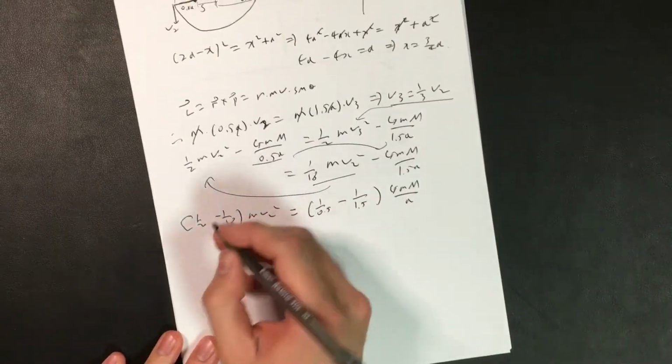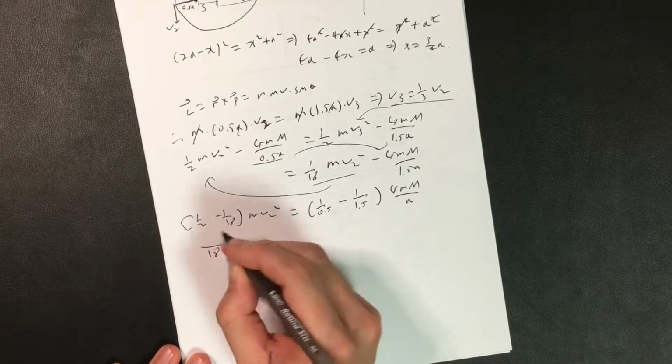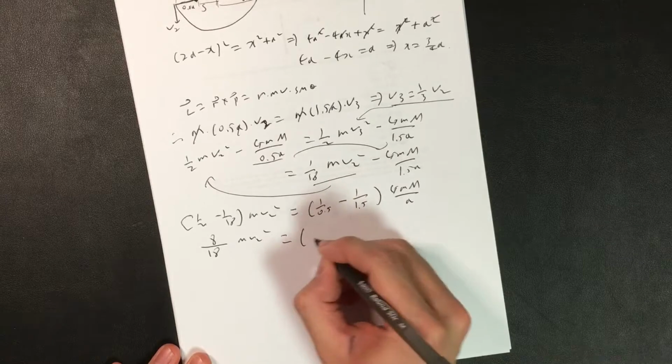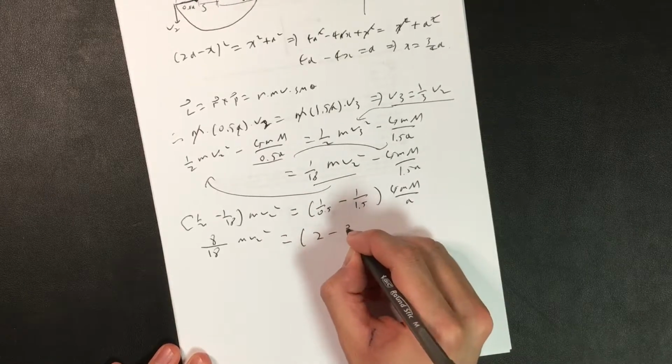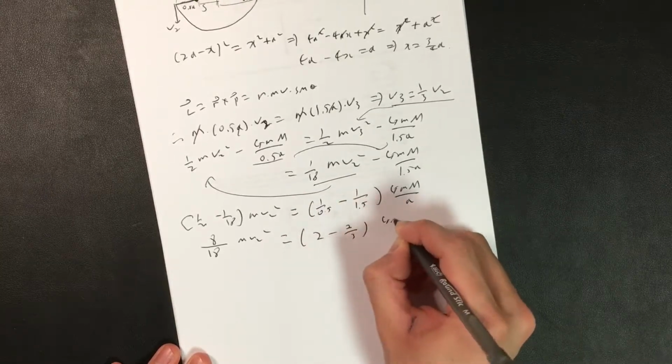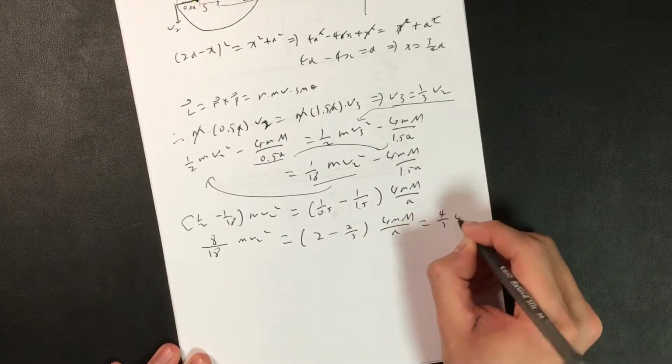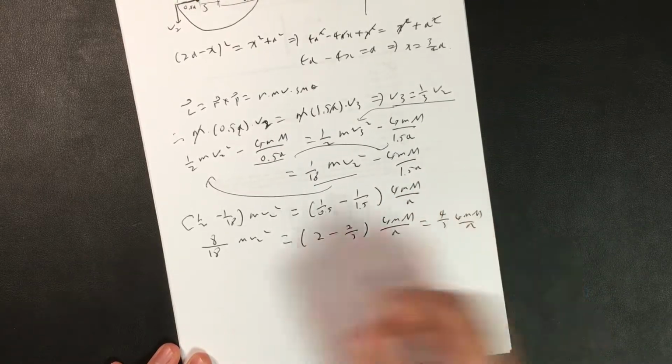And the left hand side becomes 18/8 mv2 squared equals 2 minus 2/3 GM over a, which is 4/3 GM over a.